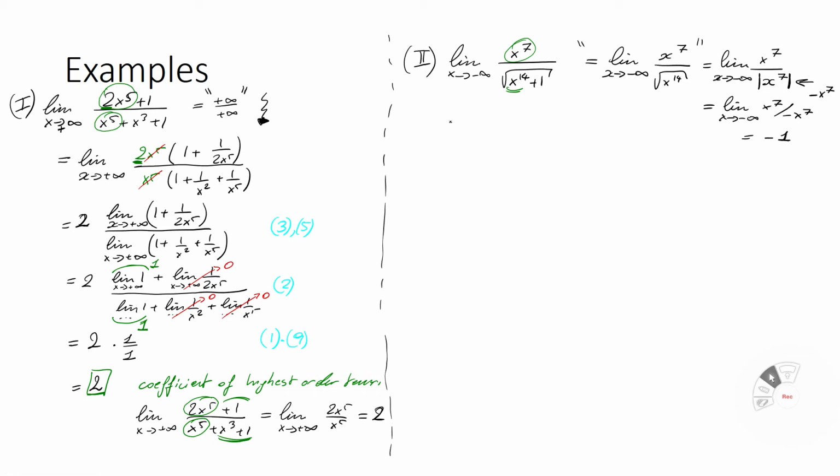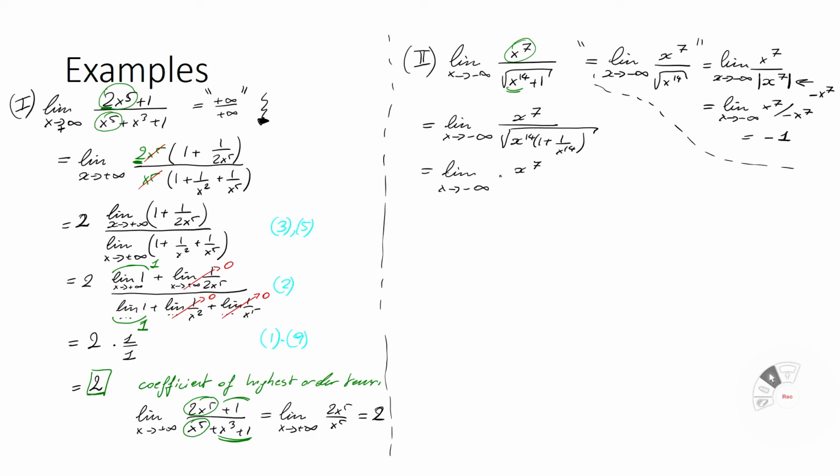So let's do this again, but with the limit laws. Then we get the limit as x goes to minus infinity of x to the 7, and then here we isolate x to the 14, 1 plus 1 over x to the 14. We take the x to the 14 out of the square root.